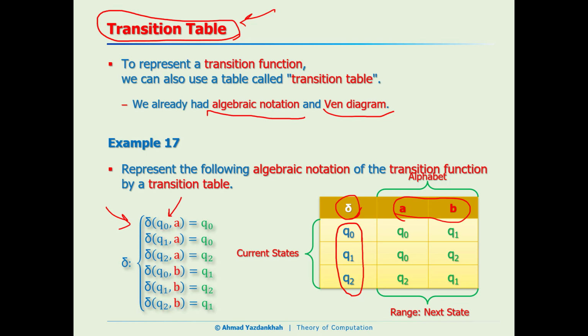We need to find the Q0 from here and A from here, and then this will be the range value. Okay, and let's take another example. For example, here, Q2, we find the Q2 here and the B here, and then this will be the range of this. So we can fill out this table, and this is another way to represent transition functions.